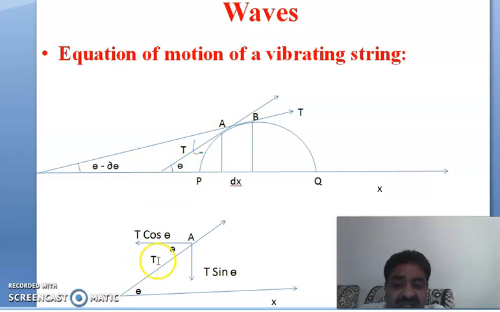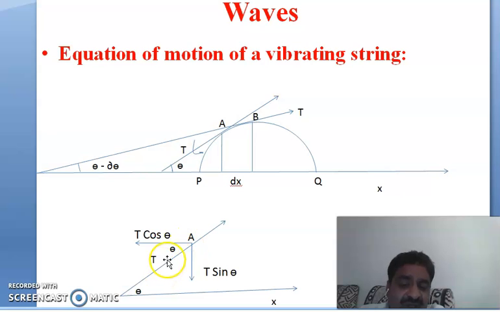This line is the tangent at A, and there is a tension in this direction, in the downward direction. So if we draw a figure like this, then you will get here 90 degrees, and this becomes the hypotenuse.